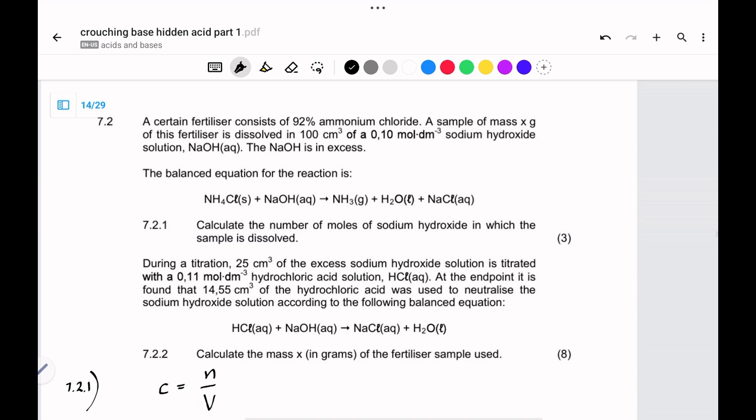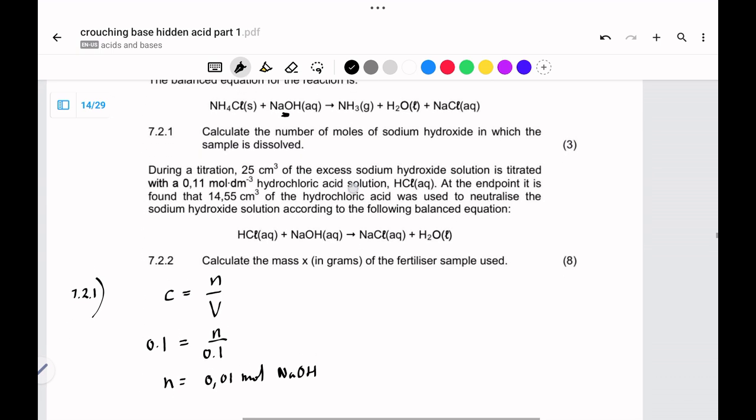Now, before I read any further, I want to draw your attention to this. We're told that the sodium hydroxide is in excess. So you started out with some sodium hydroxide. How much?